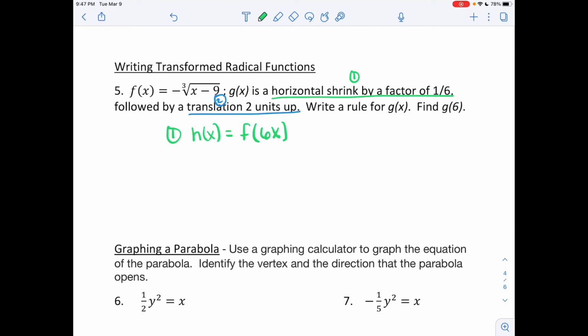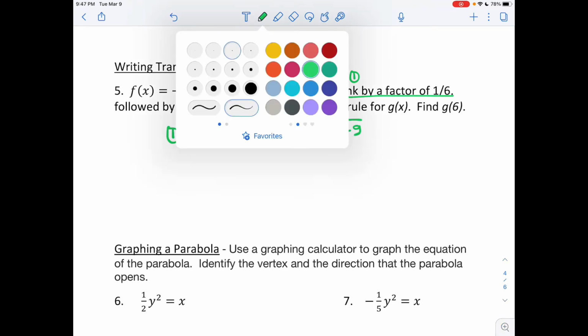And remember that that only affects x. So we are still going to have the negative, but I'm going to replace x with 6x. The 9 stays the same. I only affect x when I do horizontal transformations.